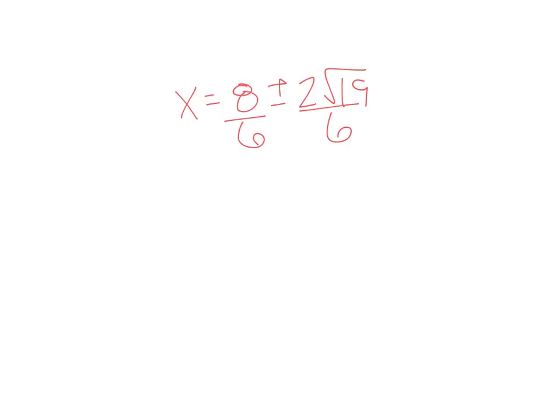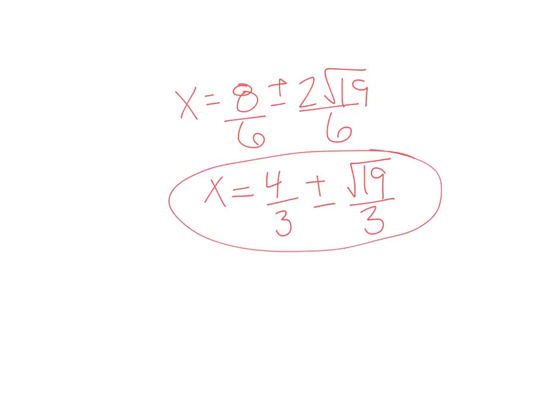That's my last step in terms of getting the most simplified answer. Now I've simplified my radical. What is 8 over 6 reduced to? 4 over 3, plus or minus 2/6 reduces to 1/3. So I just have the square root of 19 over 3. There's my simplified answer. Okay, so tricky stuff.